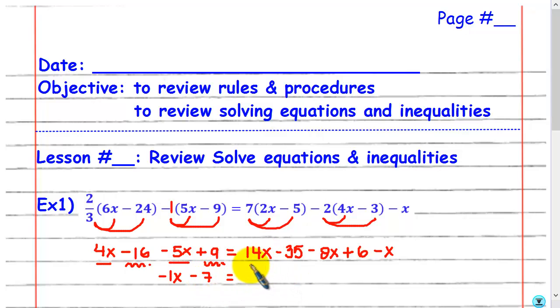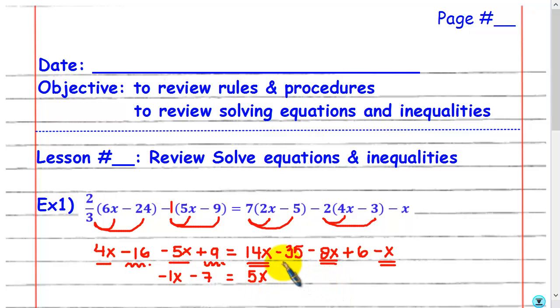And now we're ready to do the other side of the equation. So here we have 14x and we have negative 8x and we have negative x, which all have x, so they're all like terms. Alright, 14x minus 8x is 6x. 6x minus x is 5x. So that means we can write it down over here: 5x.